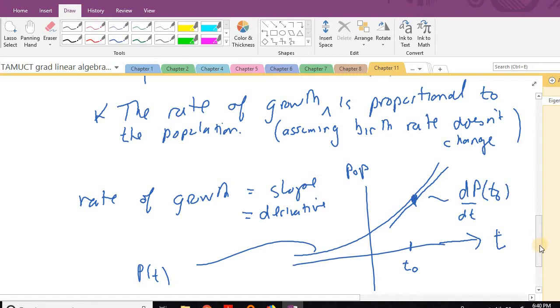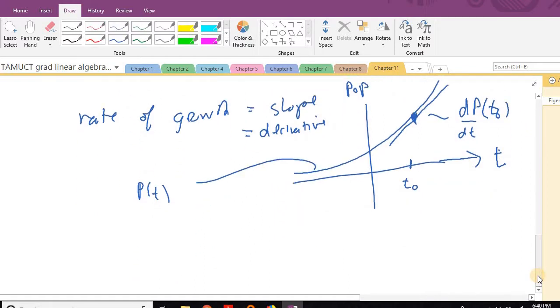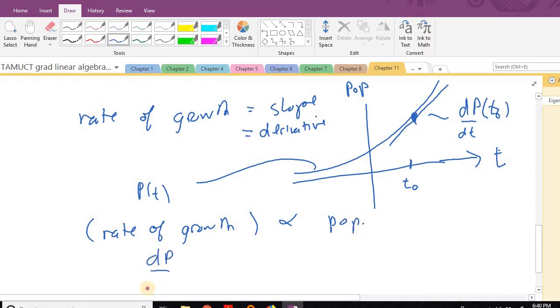Okay, so again, I'll write this out. The rate of growth is proportional to the population. And as I said, the rate of growth is dp dt. And here I'll put it at t0.